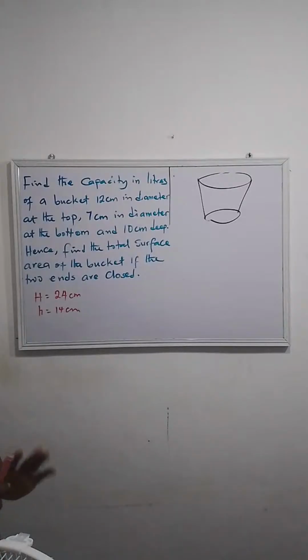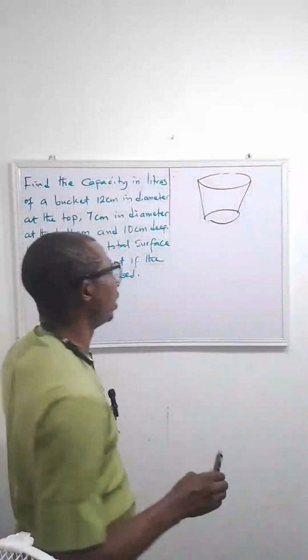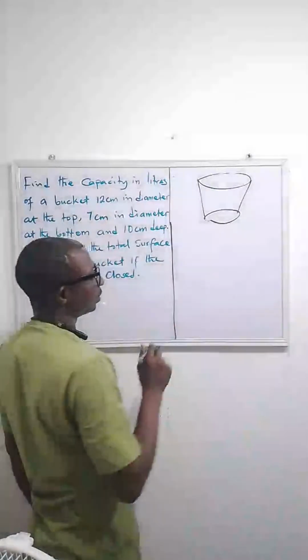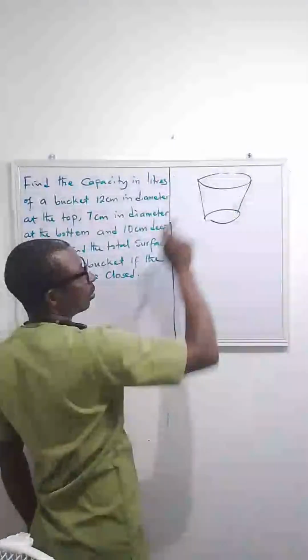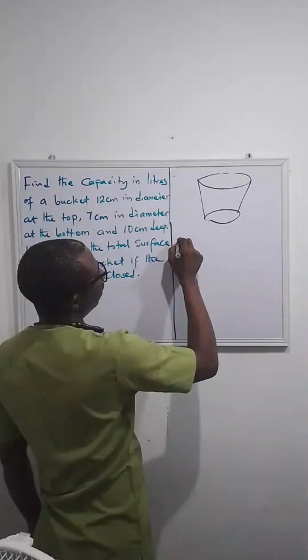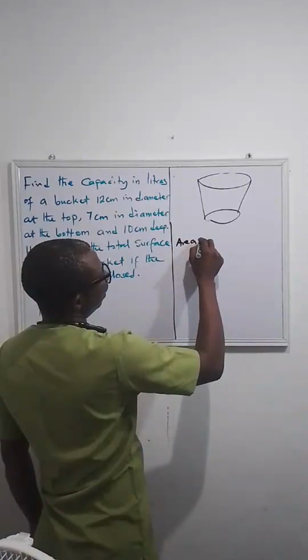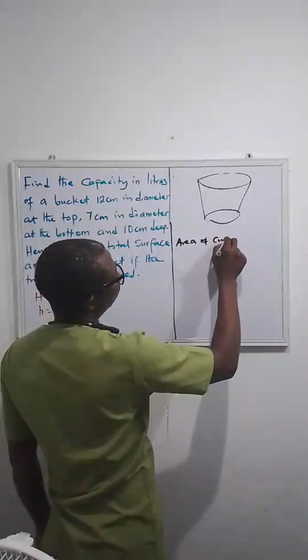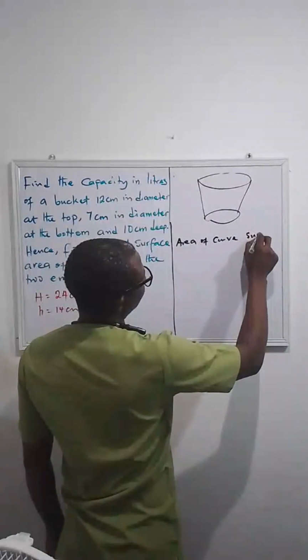So now the first thing we are going to do is let's find the area of the curved surface. So what's the formula now to calculate the curved surface?